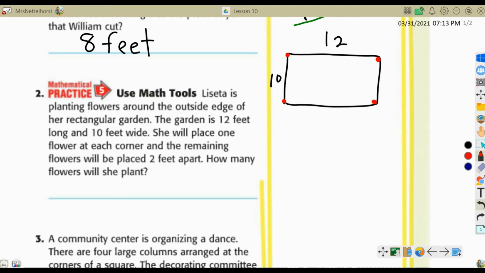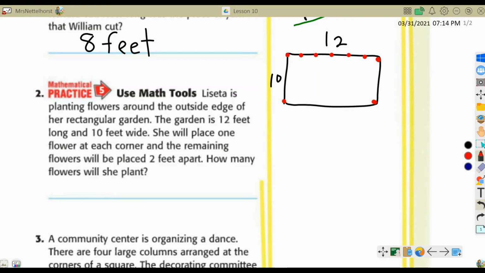So if this flower on the corner is at 0, I'm going to count by 2s and plant a flower till I get to the other corner, which should be 12. So 0, 2, 4, 6, 8, 10, 12. Ooh, those are pretty evenly spaced. Not too shabby if I do say so myself.